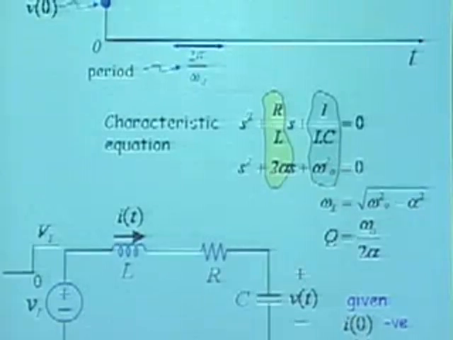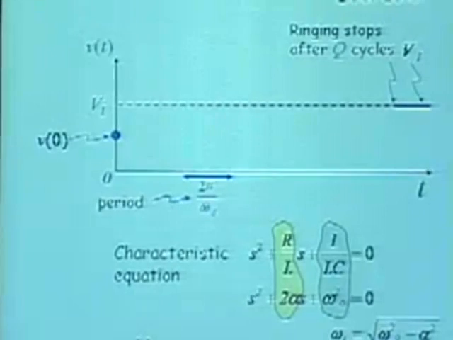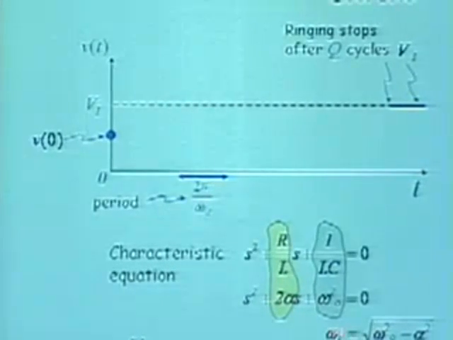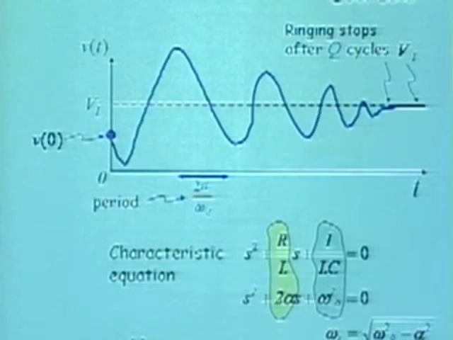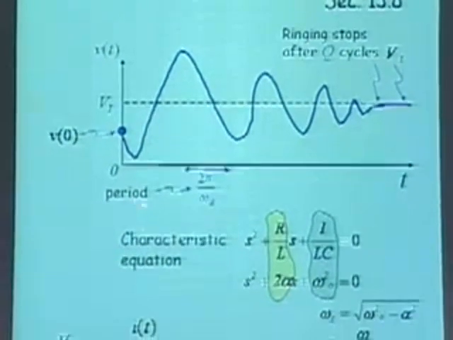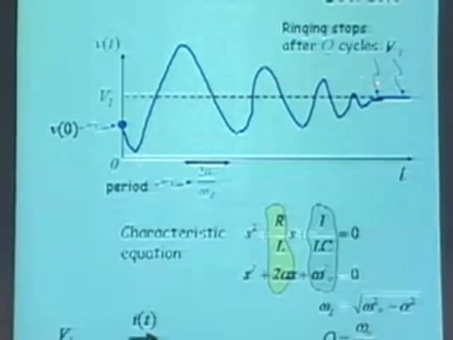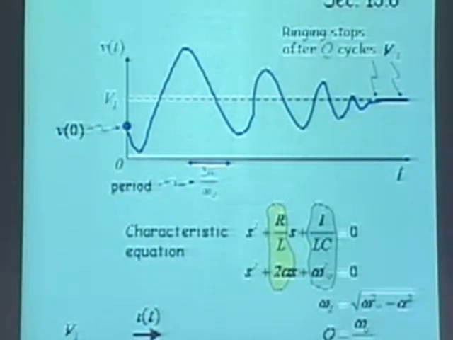So Q tells me that the ringing stops approximately after Q cycles. So these four values, omega d, Q, alpha, and omega naught, are telling me more and more now. So I know now, based on omega d and Q, that it's going to look something like this. Some swinging, ringing here, and then I stop at this point.